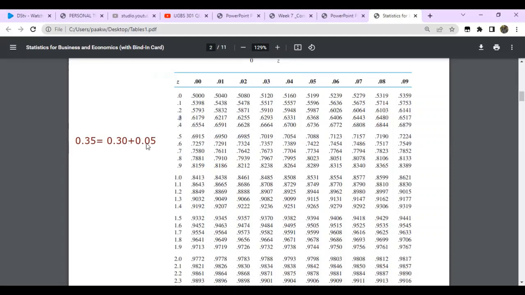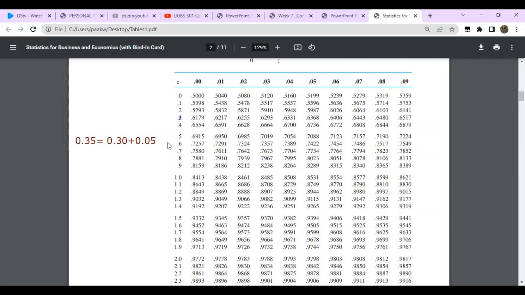Do you get it? Plus 0.05. So the next one, after the plus, when you look on the horizontal side, like on the top, from left to right, it is 0.00, 0.01, 0.02, 0.03, 0.04, 0.05. So you see 0.05 and 0.3.